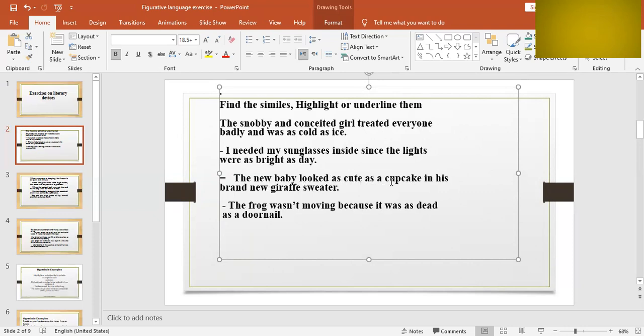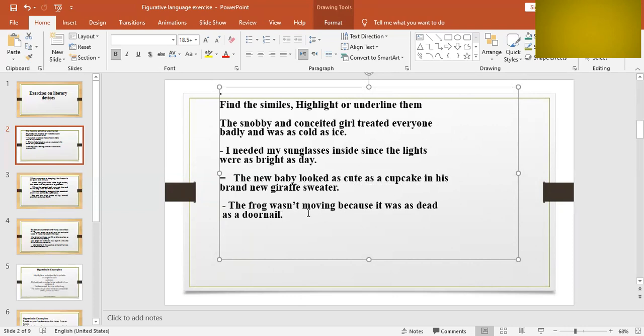It's beautiful and sweet in his brand new giraffe sweater. Okay, it means the baby was so beautiful and so sweet in his new clothes. So I can imagine how beautiful that baby was.